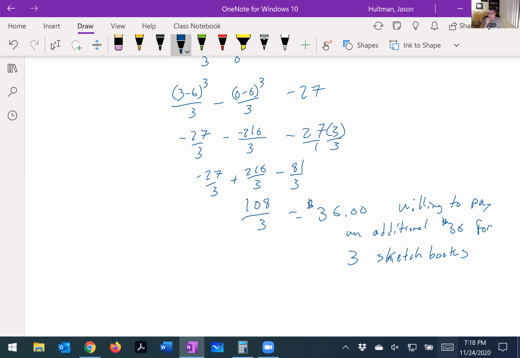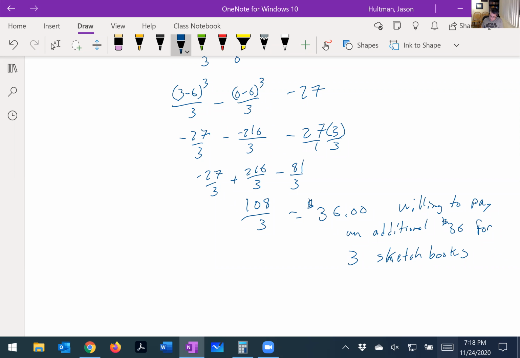However, did I pay that? No, I didn't. What was the total that I did pay? I paid $27 for the whole thing, because I got them for $9 a piece. So I paid a total of 27.